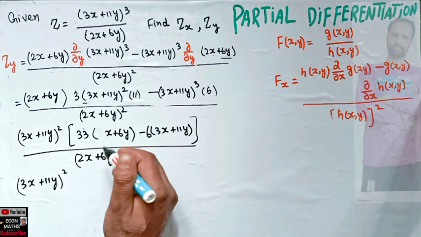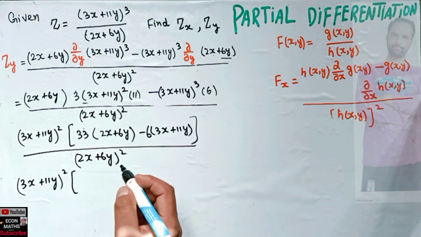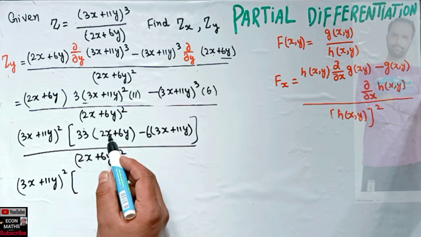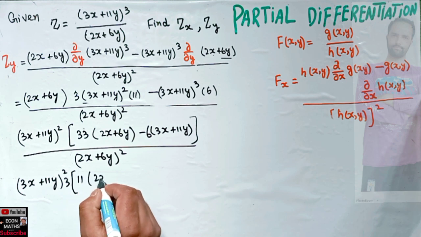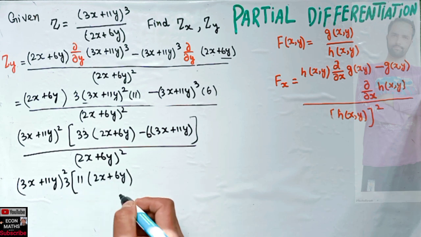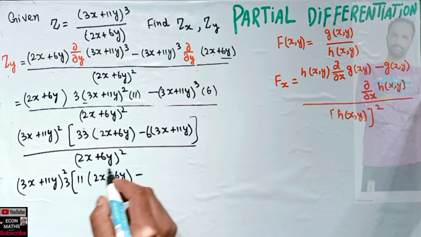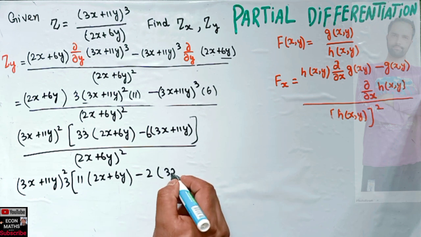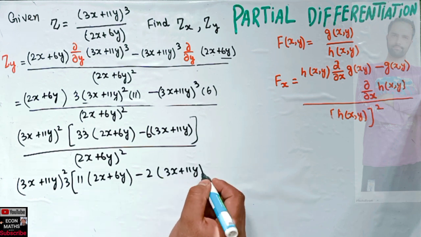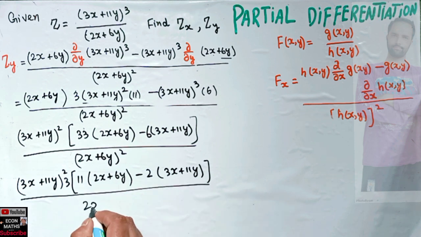This is 2x here. So what we are left with, let us take 3 common here now. If I take 3 common, we are left with 11(2x + 6y) minus 3(3x + 11y). I have taken 3 common, whole divided by (2x + 6y) square.